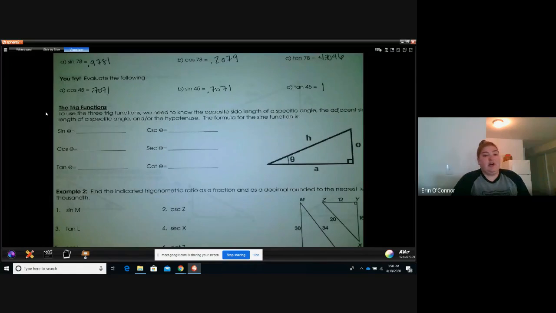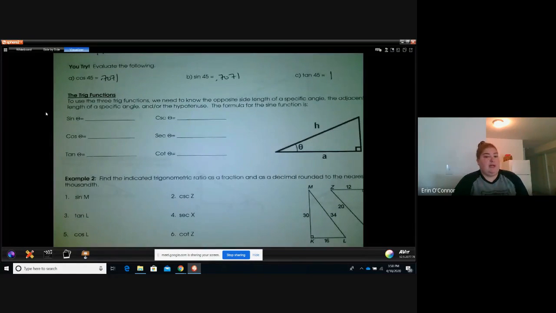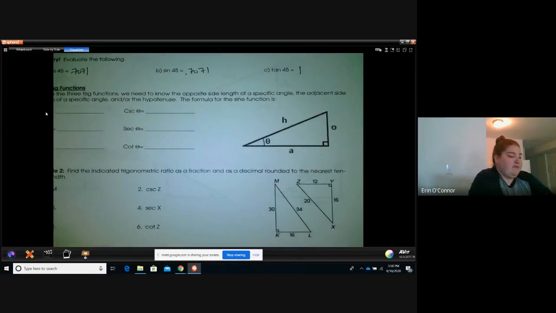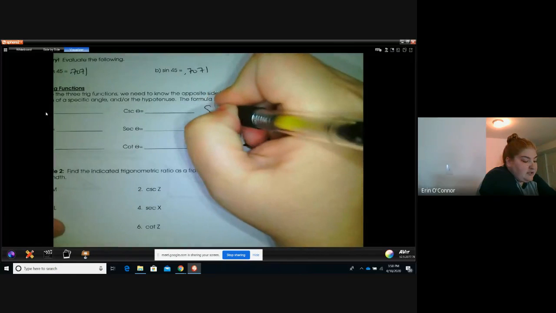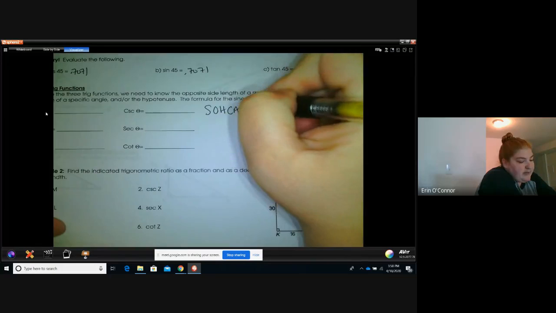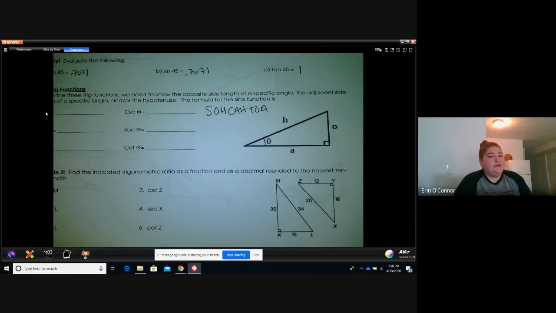Okay, so there are 3 main trig functions, and we can remember them from SOHCAHTOA. My last class used to say SOHCAHTOA. That helps you remember it that way.